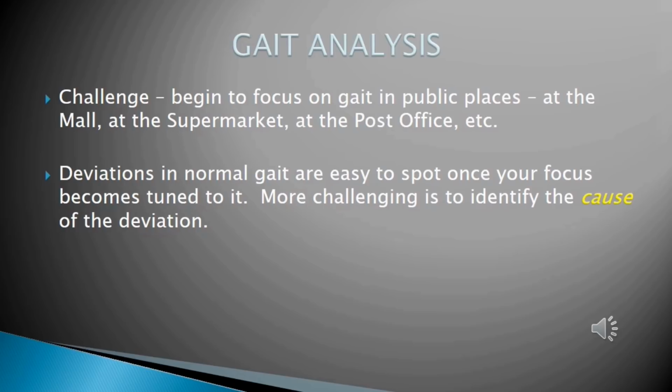Recall the definition from Webster's dictionary is that normal gait should be unlabored. And many of these disturbances in gait, whatever they may be, whether due to a problem at the hip, the knee, the foot, or a muscular problem, create difficulty and extra labor involved with gait. And so this is what I want you to sharpen your attention toward and start to focus on.